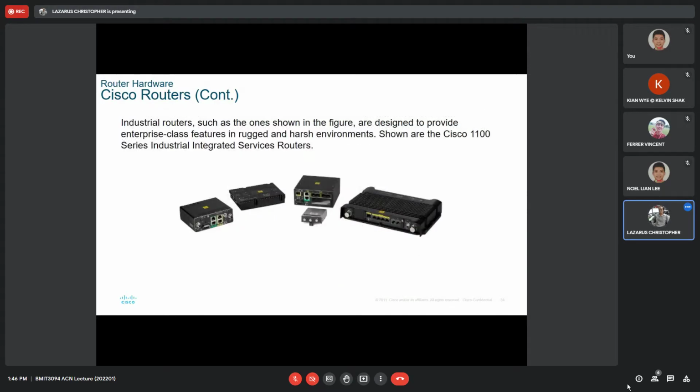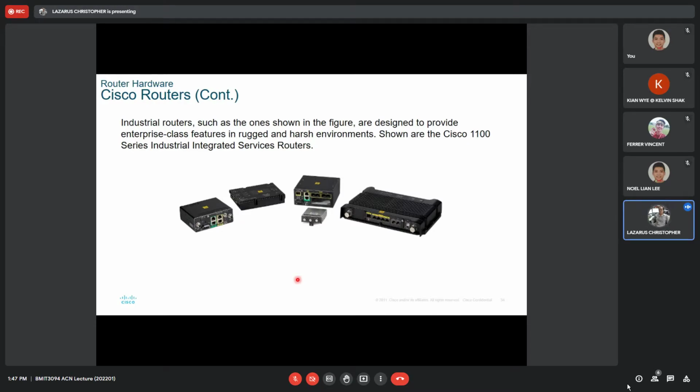Industrial routers are designed to operate in extremely harsh environments. Very rugged, right? In factories, for example. Because your factories still need to be connected, especially now that we are entering IoT, Industrial Revolution 4.0. We want to network all our mechanical machinery inside the factory onto the network.